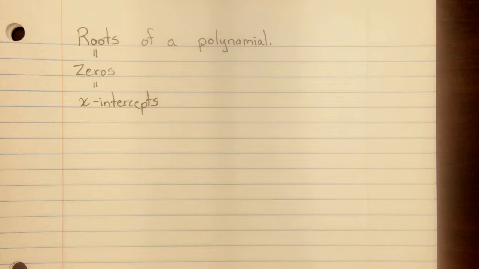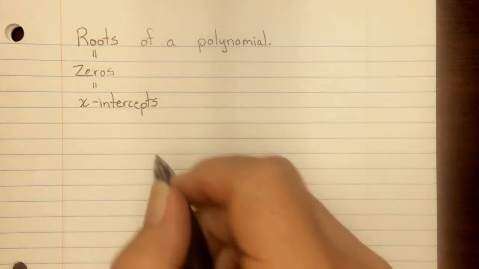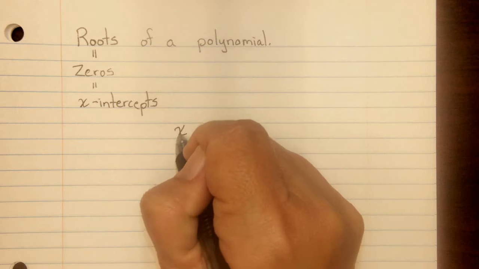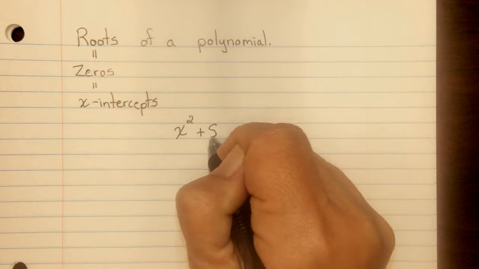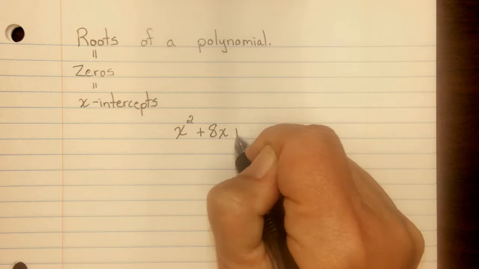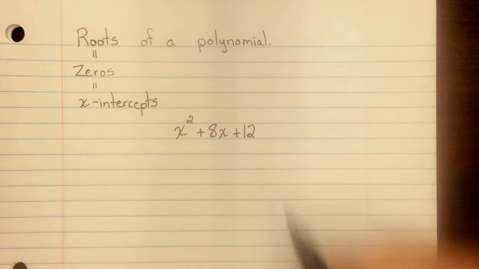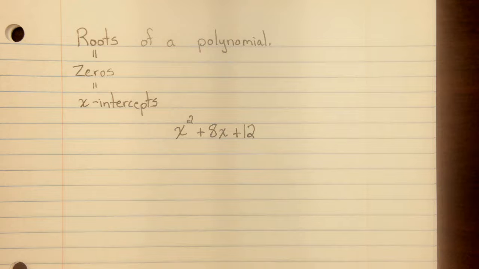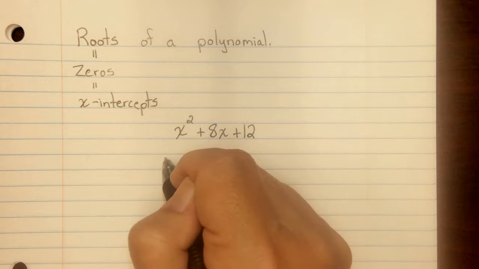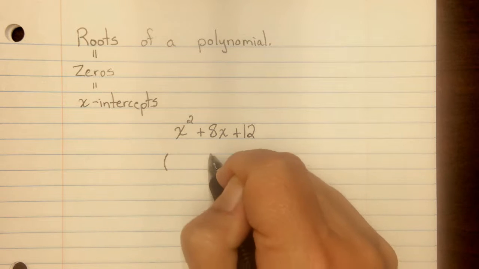So if I have a polynomial like x squared plus 8x plus 12, I want to factor this polynomial. You guys know this part.